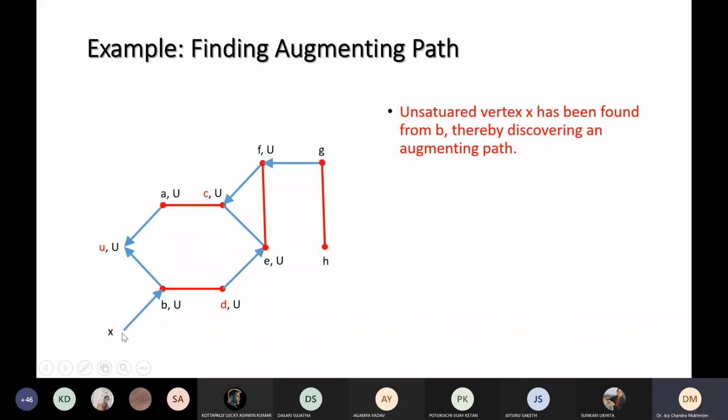Now, X is an unsaturated vertex, and I know that now it is an augmenting path. So, unsaturated vertex X has been found from B, thereby discovering an augmenting path.